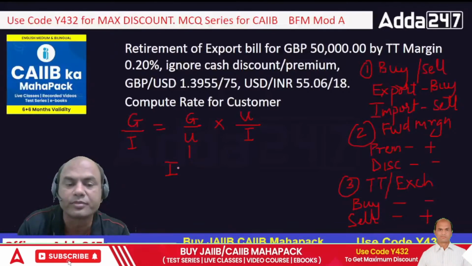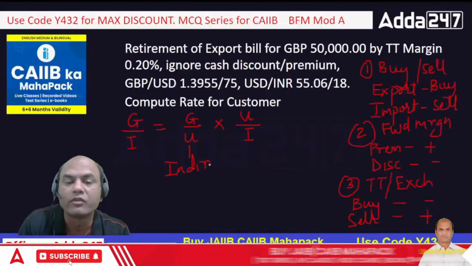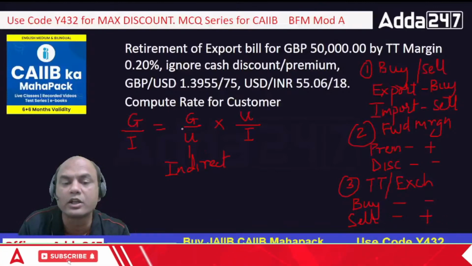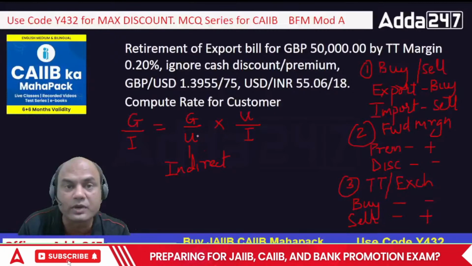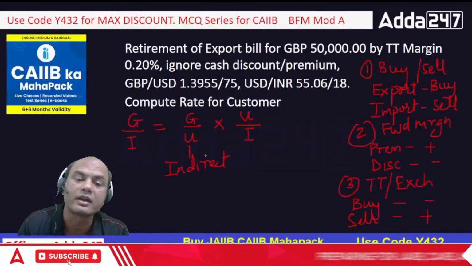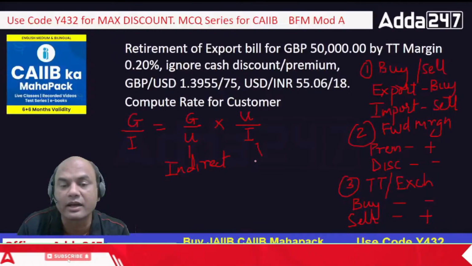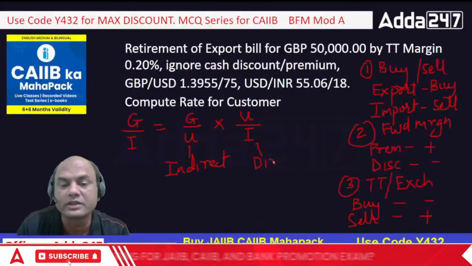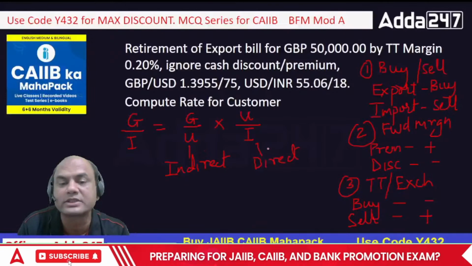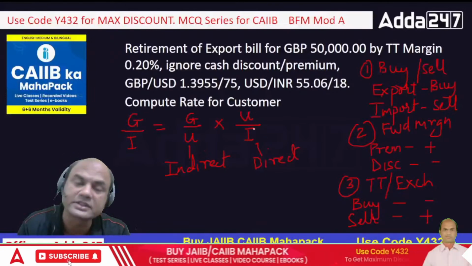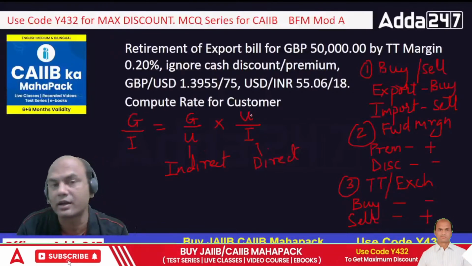Because remember, whenever USD is in the denominator, whenever USD is fluctuating, that is called the indirect rate. And this USD to INR, that is the direct rate. Why direct? Because whenever USD is fixed and the other currency is fluctuating, it is called the direct rate.